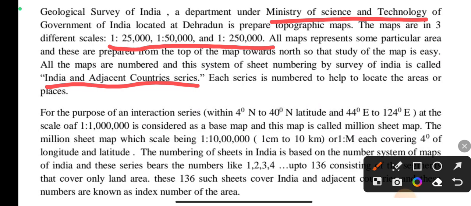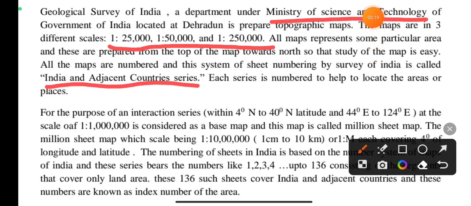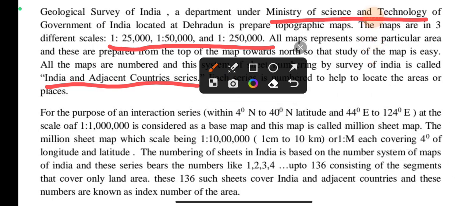For the purpose of the International series, within 4° north to 40° north latitude and 44° east to 124° east, the map at the scale of 1:10 lakh is considered as the base map, and this map is called the million sheet map.